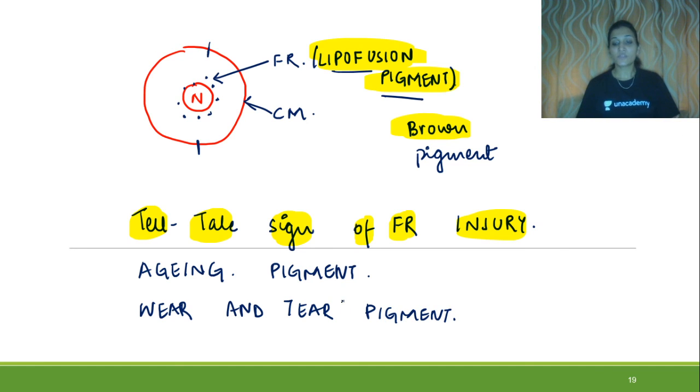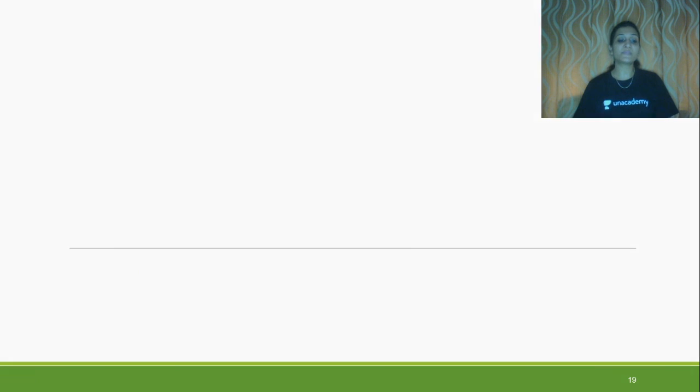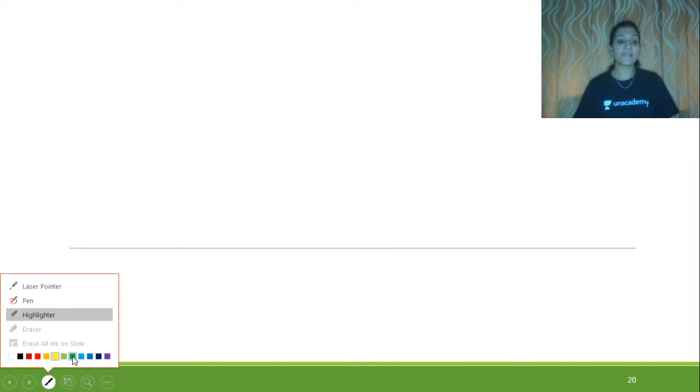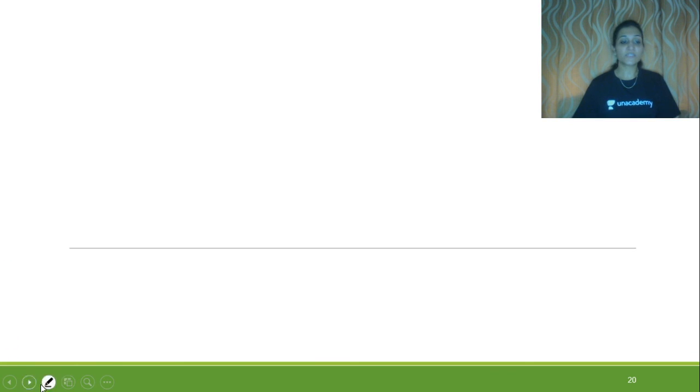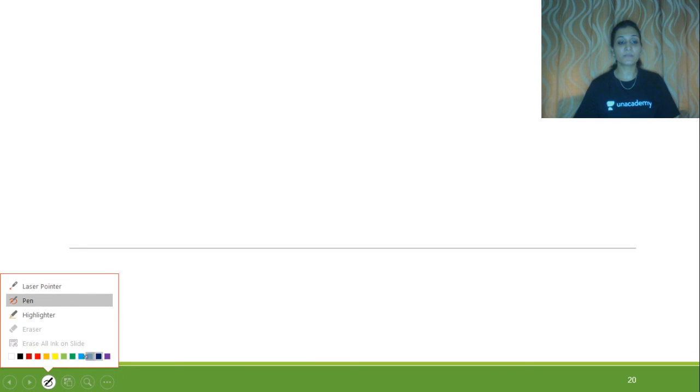Right? So these lipofuscin pigments will be observed in certain pathological conditions. What are those pathological conditions in which they will be seen? Let us highlight them.